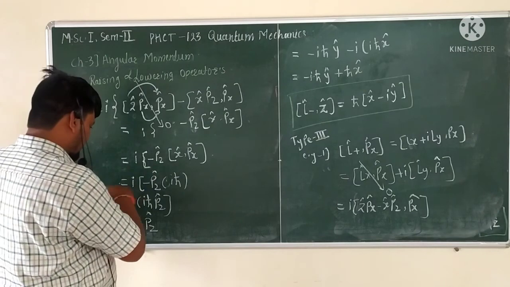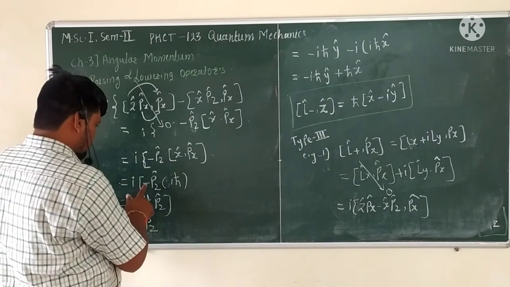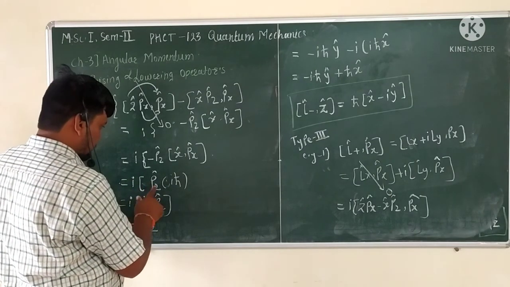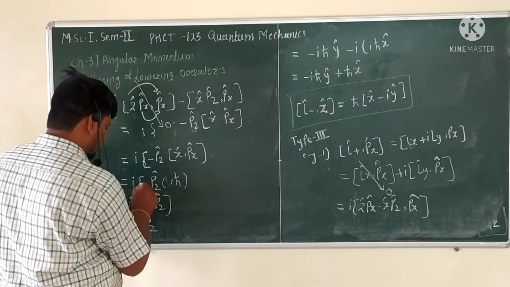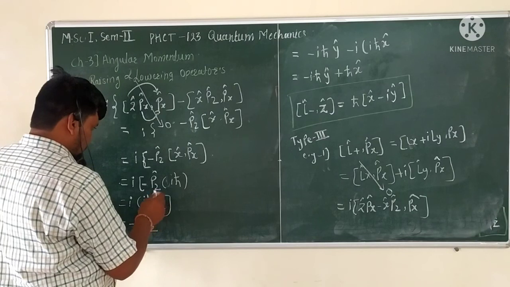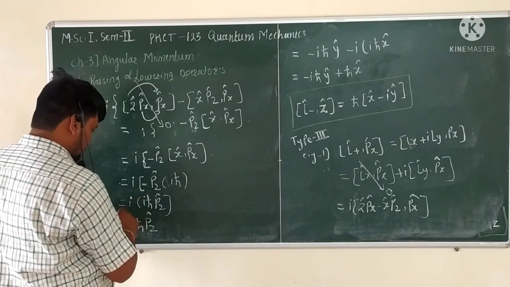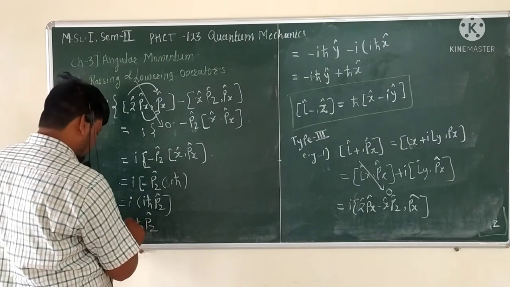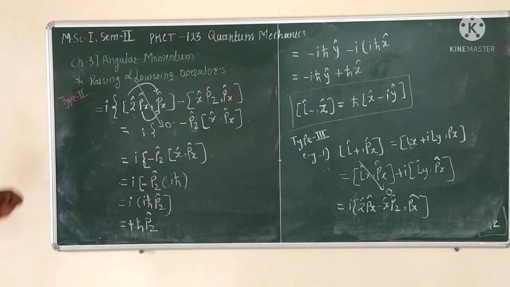So minus minus again gives plus, and i squared is minus, and here the plus sign is there.